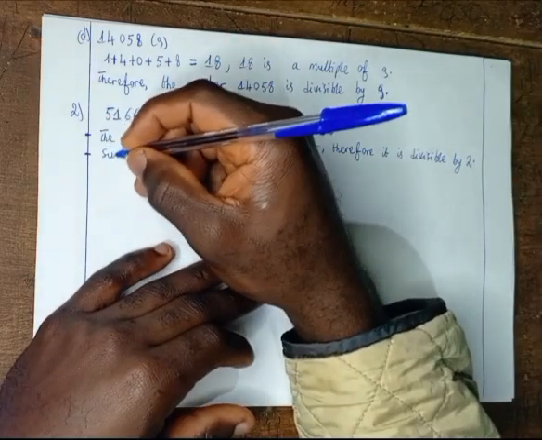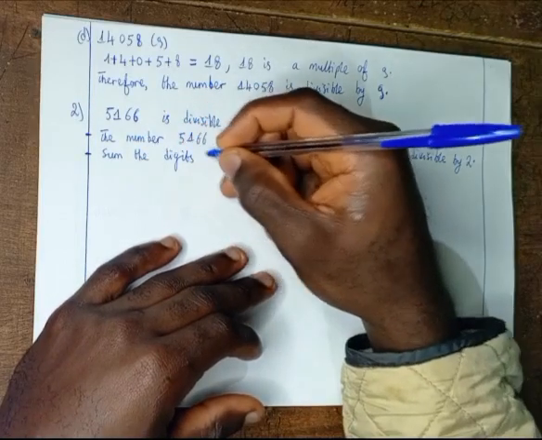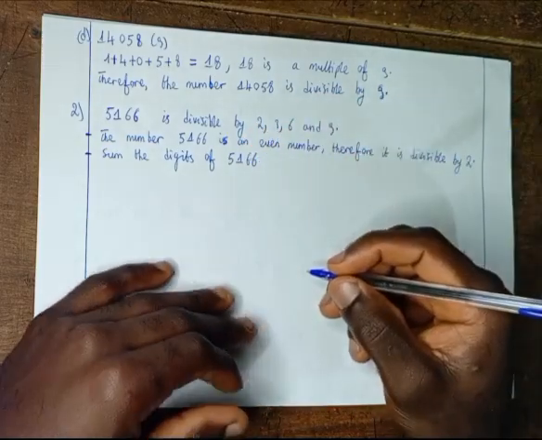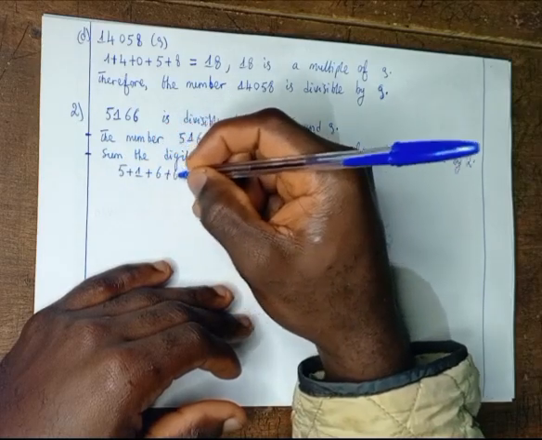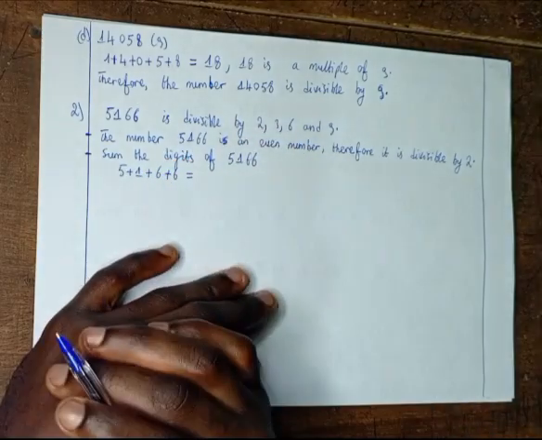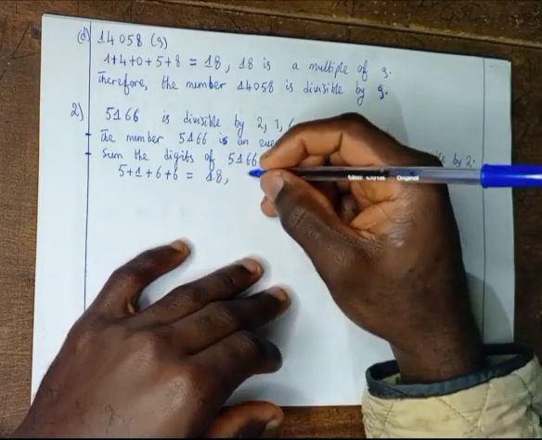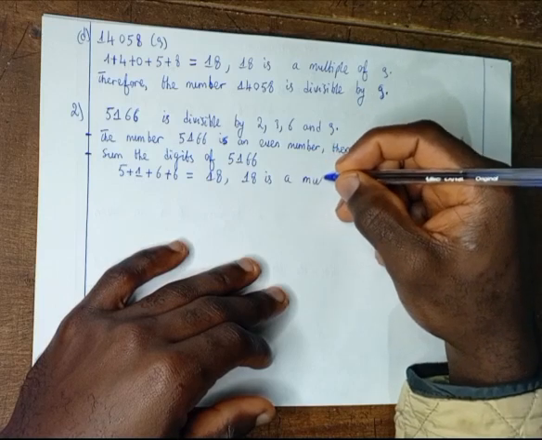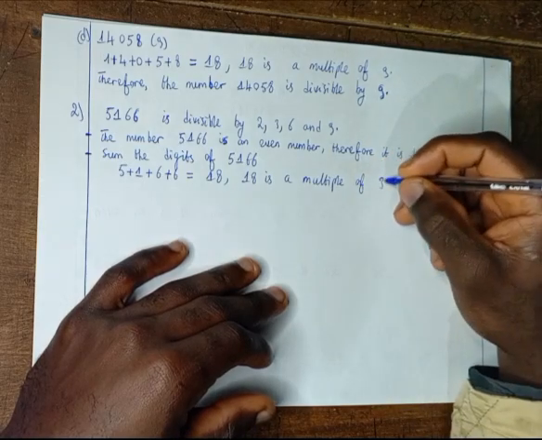So let's sum the digits of 5,166. We take 5 plus 1 plus 6 plus 6. 5 plus 1 is 6, plus 6 gives us 12. 12 plus 6 gives us 18. 18 is a multiple of 3.